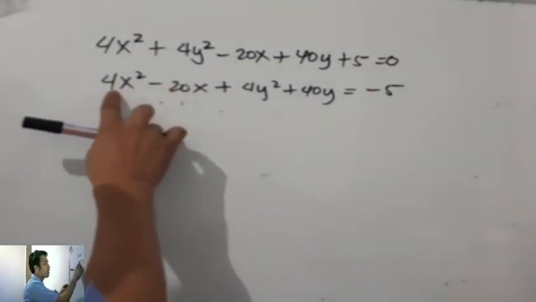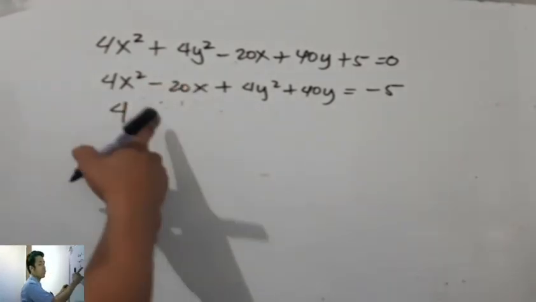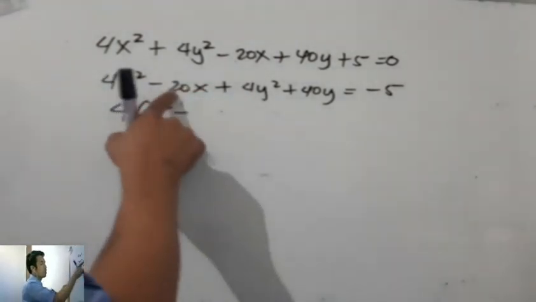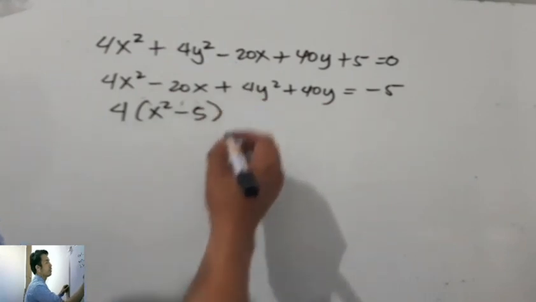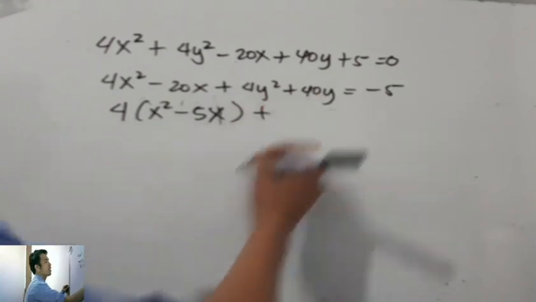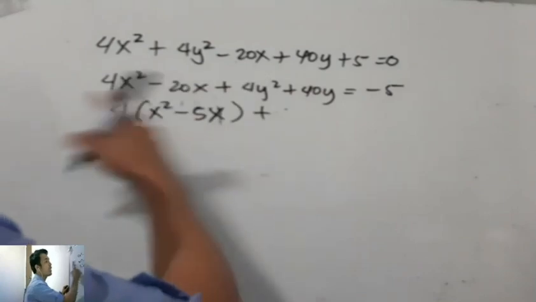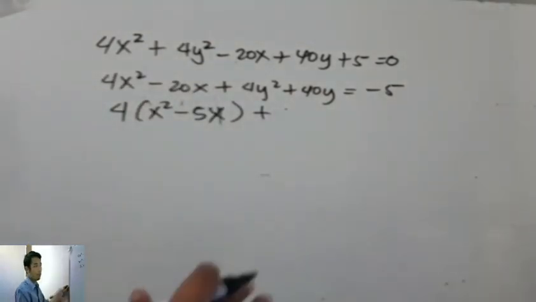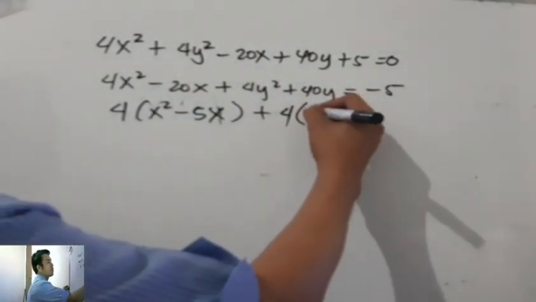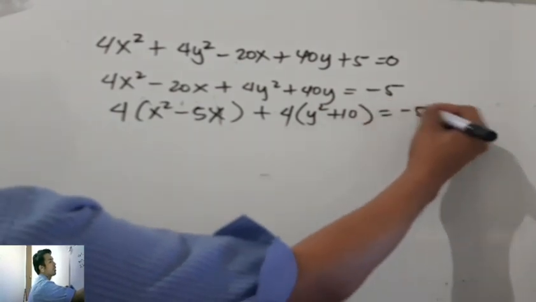They are both divisible by 4, so we can factor out 4. We have x squared minus 5x plus, factoring out 4 also, y squared plus 10y is equal to negative 5.